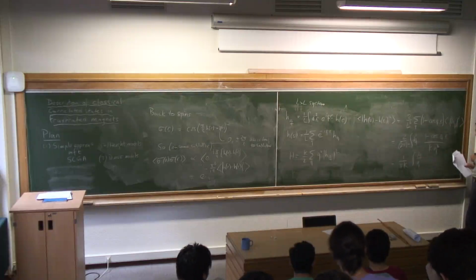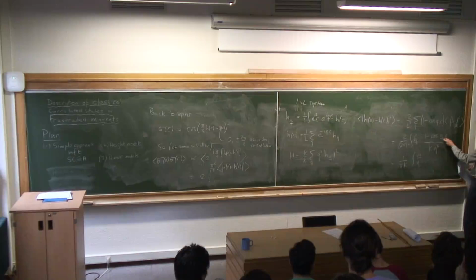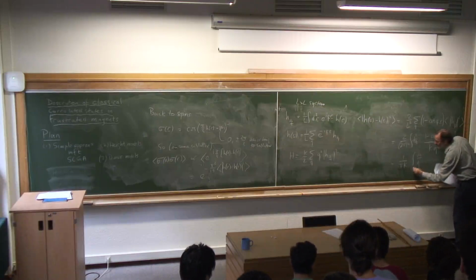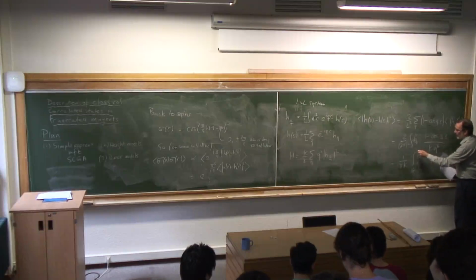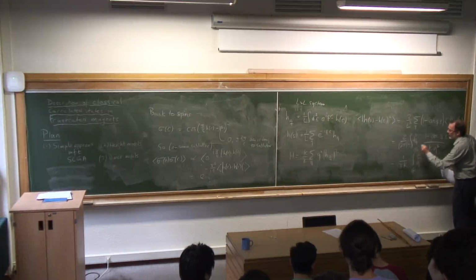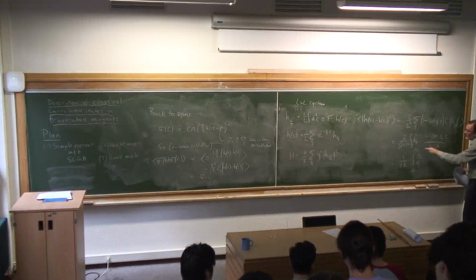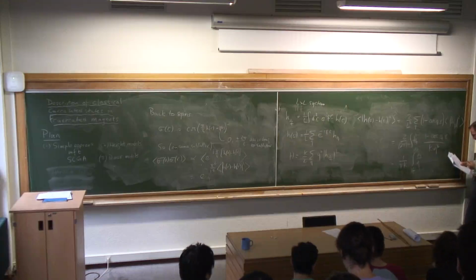And the factor of 1 minus cos q dot r means that I have an effective cutoff when q is very small, which is of order 1 over r. And then I have a maximum q, which is 1 over some short distance cutoff, which is the remnant of the lattice scale.